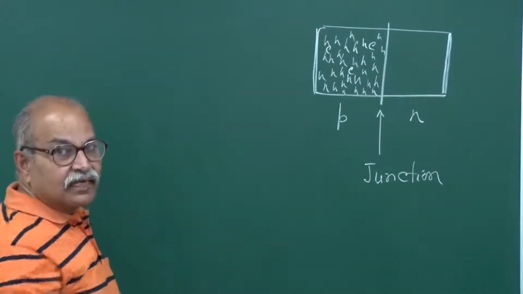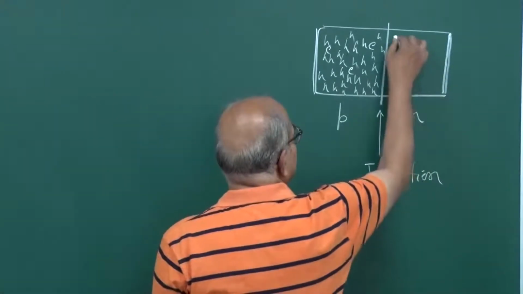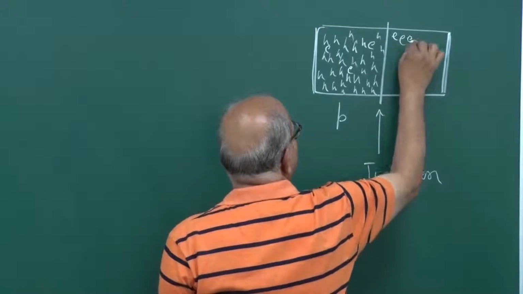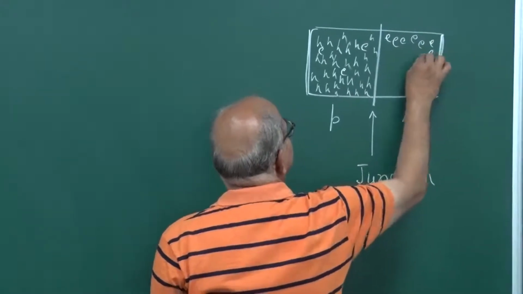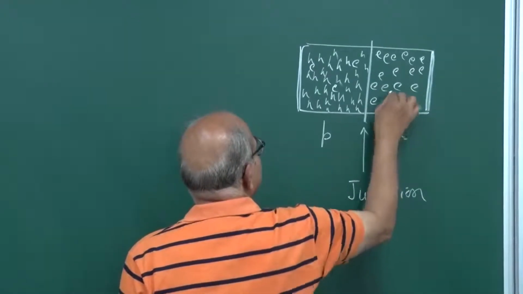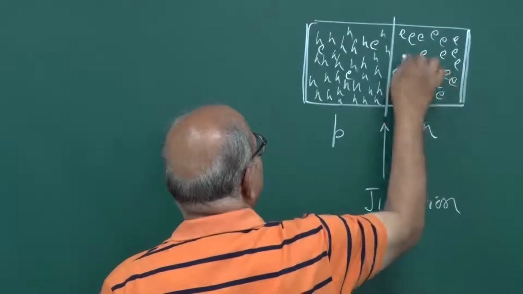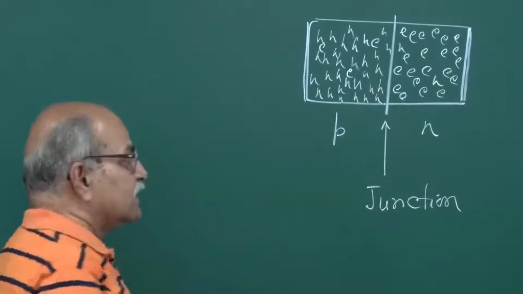Opposite is on the other side, on the n side, the n-type semiconductor. Here you have a large number of free electrons, because you have put in all those pentavalent impurities, and then you have some holes somewhere, minority carriers.